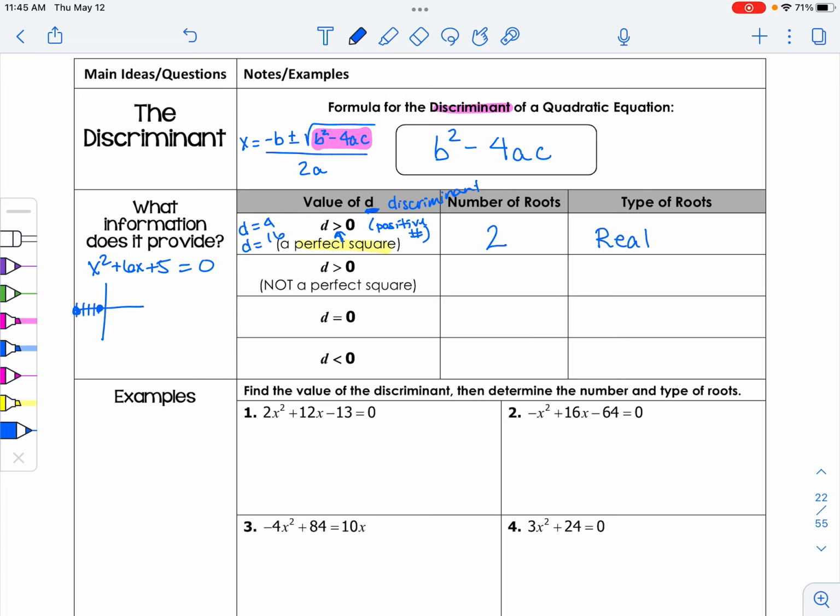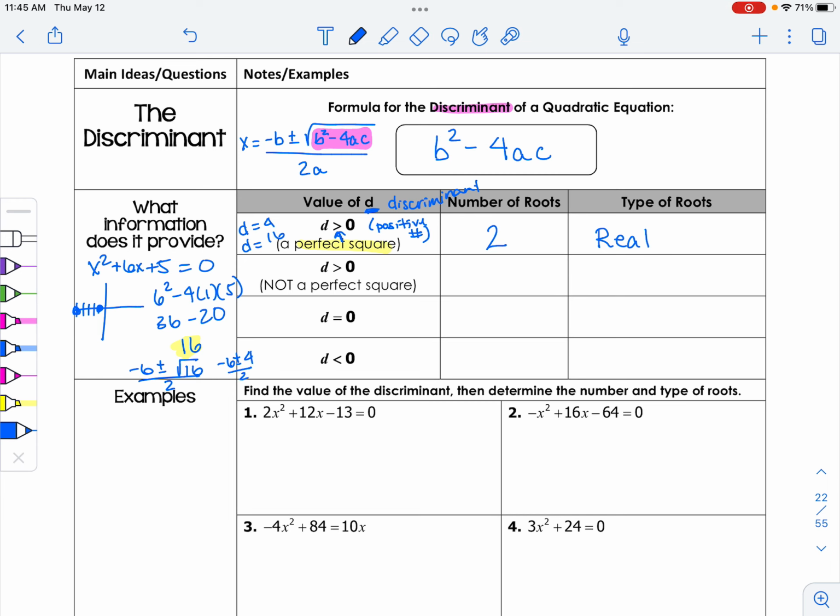So if we were to do the discriminant, I would have 6 squared minus 4 times 1 times 5. So 36 minus 20, and I have my discriminant is 16, a perfect square. If we go back to the quadratic formula, what I mean by nice answers is, if we did the full quadratic formula, we had -6 plus or minus the square root of 16, all over 2, which gave us -6 plus or minus 4 over 2.